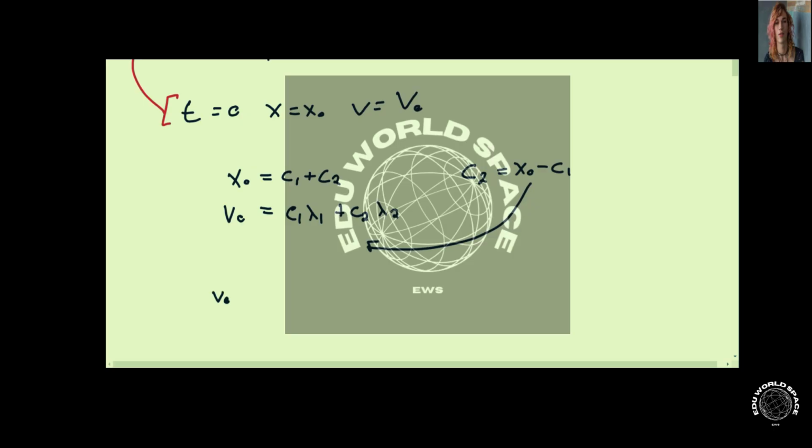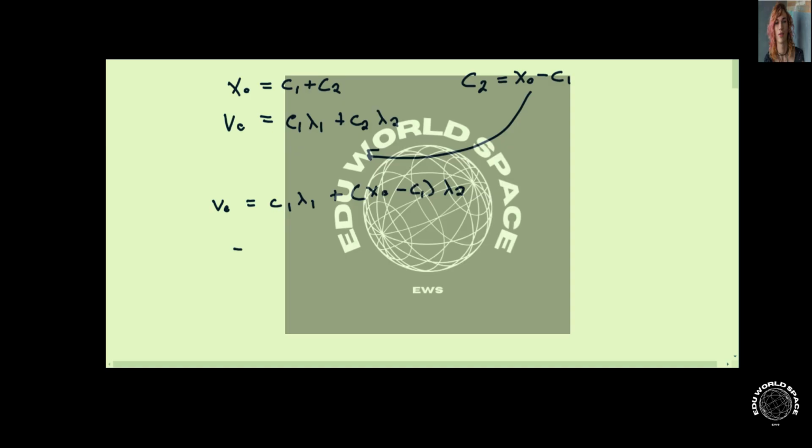When we do that, we get v naught equals c1 lambda 1 plus (x naught minus c1) lambda 2. Now we end up with c1 (lambda 1 minus lambda 2) plus x naught lambda 2 minus v naught equals 0.